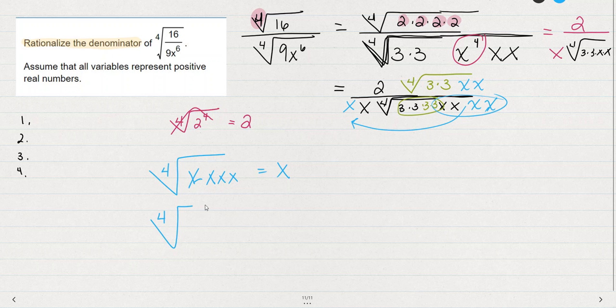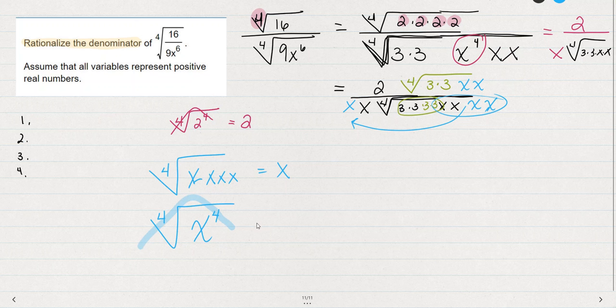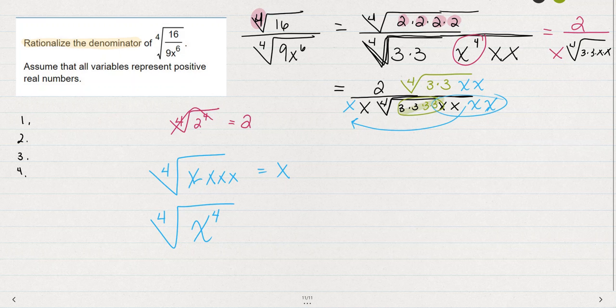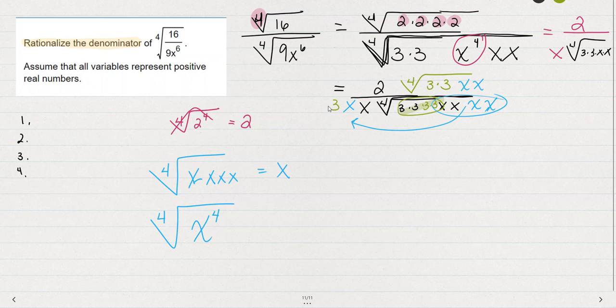The fourth root of x to the fourth and the fourth root cancel each other out. They undo each other, and we're left just with this x. So be careful that you're not carrying it out and calling it an x to the fourth, right? And then for the 4 3's, same thing. I've got 4 3's. It comes out as 1 3.